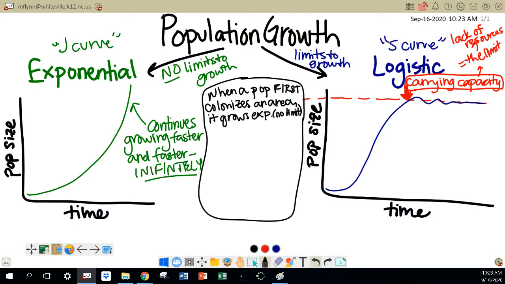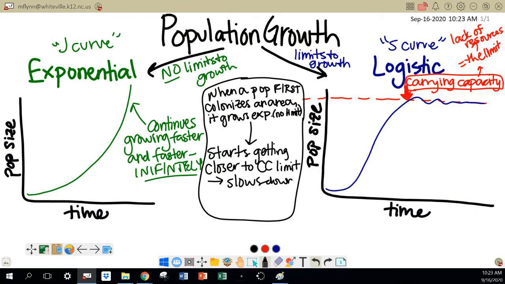But then eventually it's going to start running out of room, starts getting close to the carrying capacity limit. And so then it slows down and levels off.